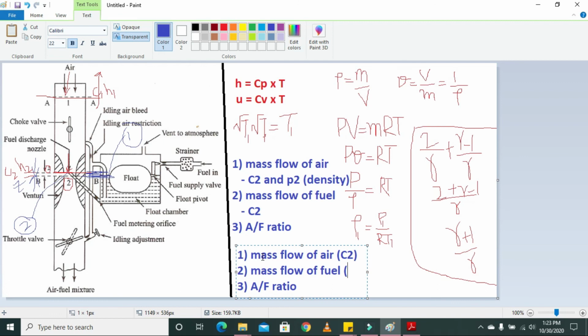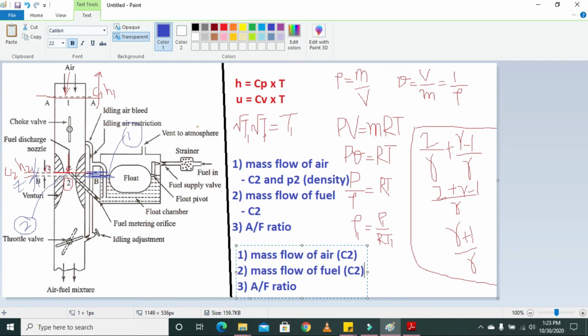So you have to keep this in mind, that when air is considered as a compressible fluid, you will use energy balance equation. When air is considered as an incompressible fluid, you will use Bernoulli equation.